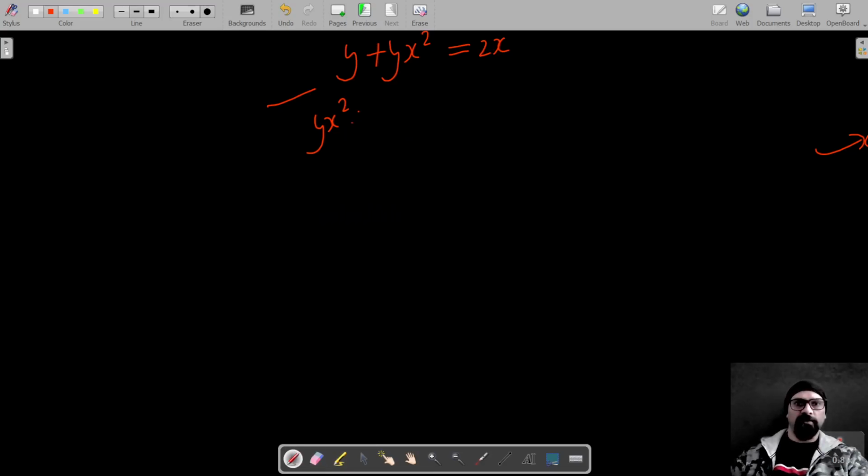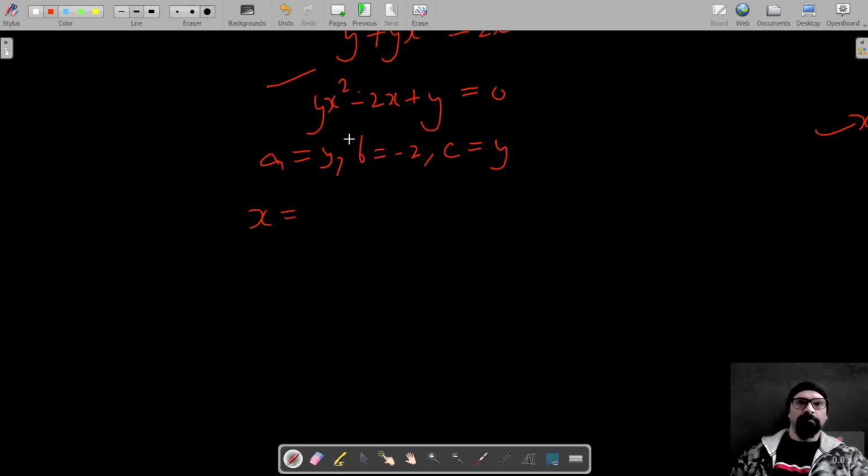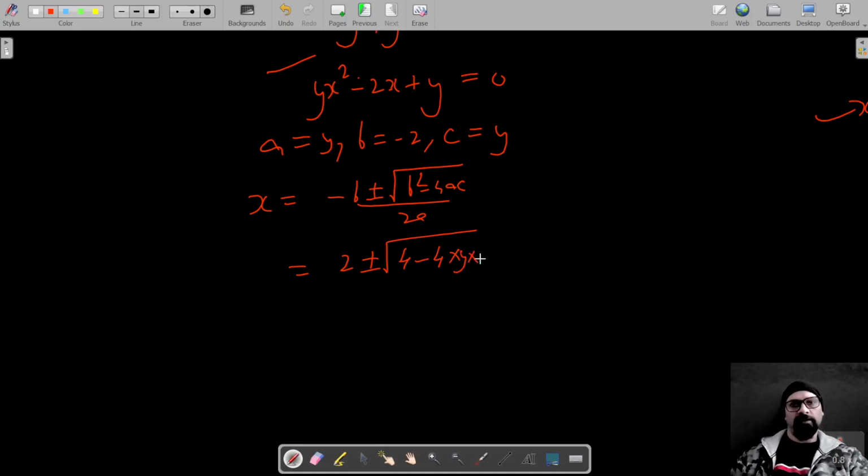Here a is equal to y, b is equal to negative 2, and c is equal to y. Okay, so x is equal to minus b plus minus root of b square minus 4ac by 2a, the quadratic formula, which gives me 2 plus minus root of b square, which is 4, minus 4 into y upon 2a. So this is the value of x.